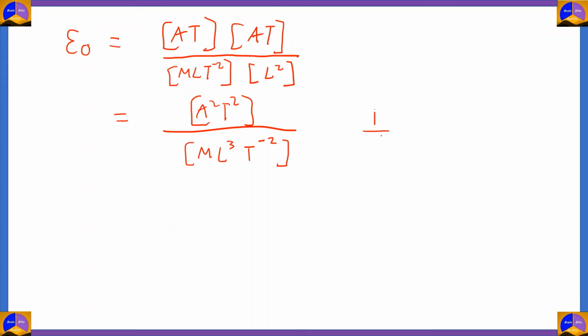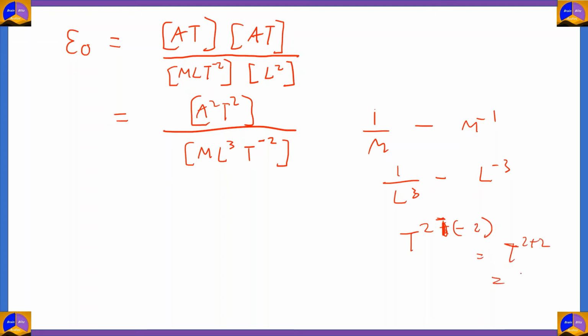So 1 by M will give you M raised to minus 1. 1 by L cube gives you L raised to minus 3. And over here, it's T raised to 2 minus of minus 2. So that will be T raised to 2 plus 2, so T raised to 4.